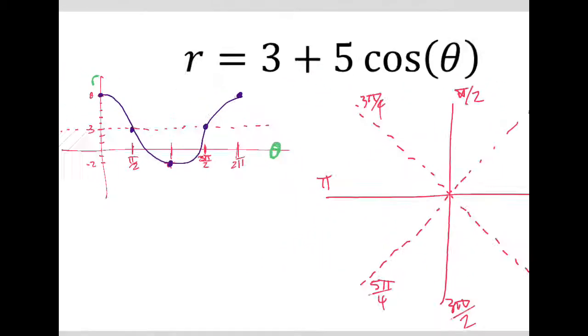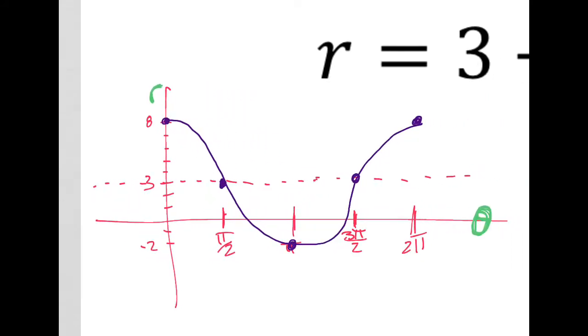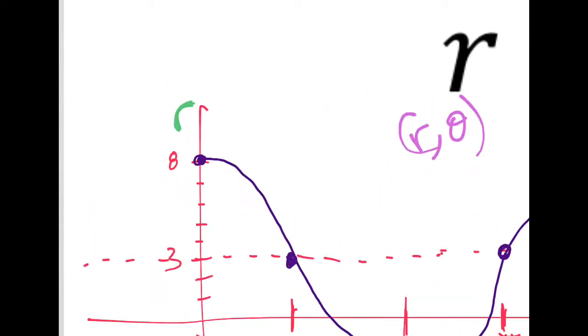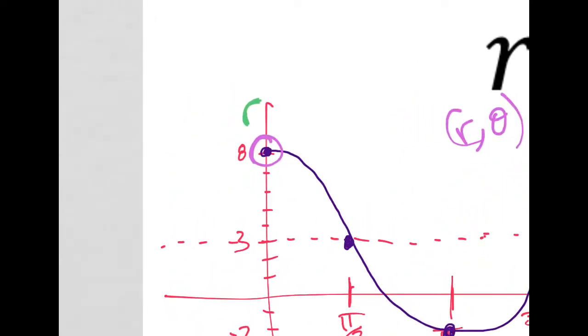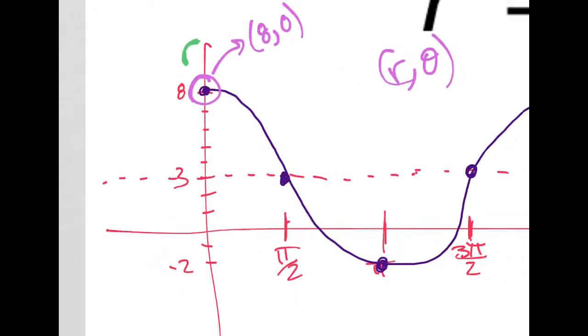And now I'm going to take this graph right here that we came up with on the previous page, and I'm going to turn it into a polar curve. And to do so, like I said, I'm going to think of this almost as a data table. So if I'm looking at these as a set of points, r, comma, theta, I'm going to go to my first theta value, and I'm going to get my radius. So that point right there is telling me that I have a corresponding polar coordinate, 8, 0, and remember it's r, theta.